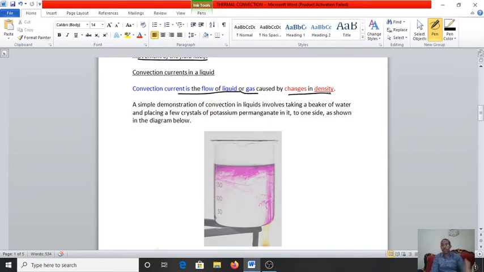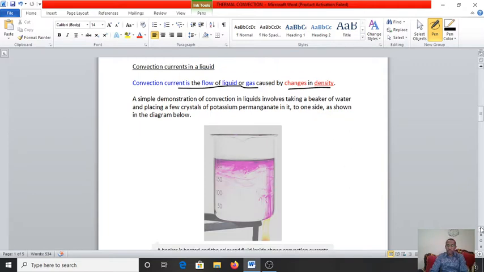There are many real-life examples of this. When you burn something, you see the smoke going up? It's because of density. That hot air is less dense, so it rises. And this is a very common demonstration of convection currents.